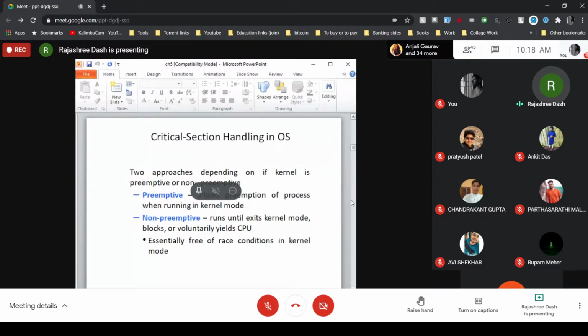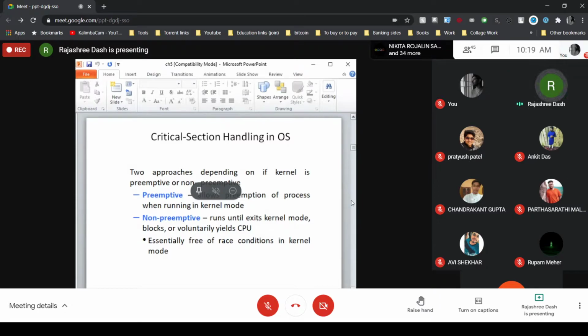Now, there are also two approaches used for handling the critical section in an operating system: the preemptive kernel and the non-preemptive kernel. A preemptive kernel allows a process to be preempted while it is running in kernel mode, whereas a non-preemptive kernel does not allow a process running in kernel mode to be preempted.